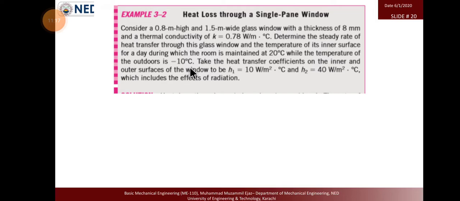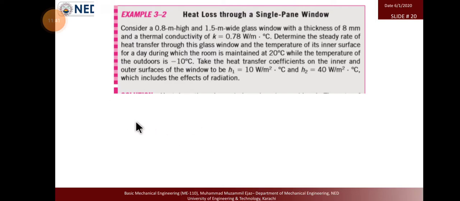So it's again an example of winters. The inside temperature of the room is maintained at 20 degrees and the outside temperature is -10, and we have to calculate the heat transfer rate between these two temperatures. The outside temperature is -10, then there will be the wall, then the inside temperature is 20, so there will be heat transfer from 20 degrees to -10 degrees centigrade.